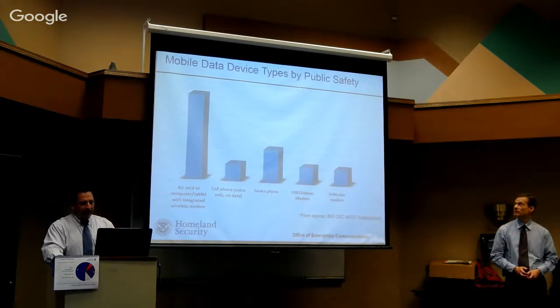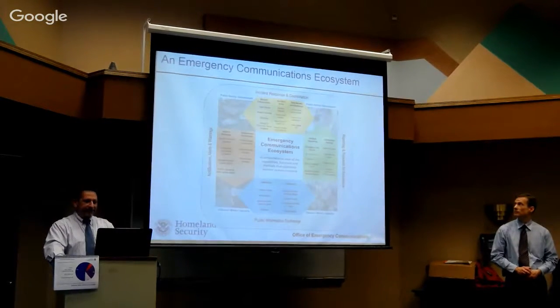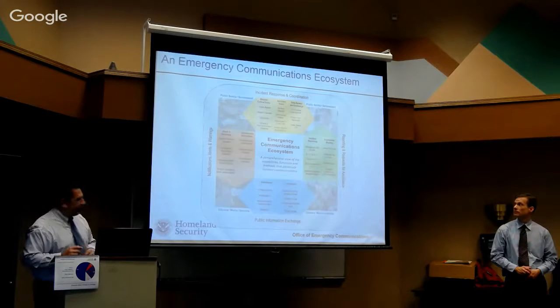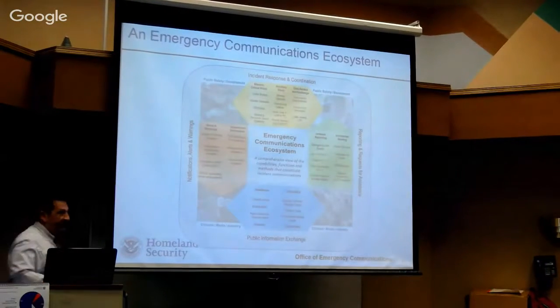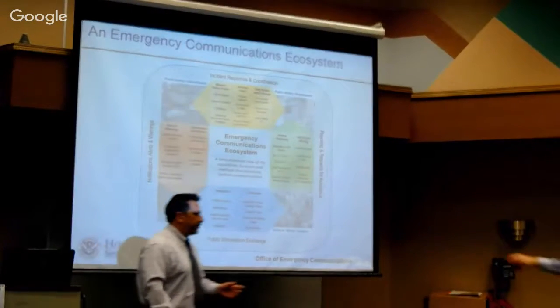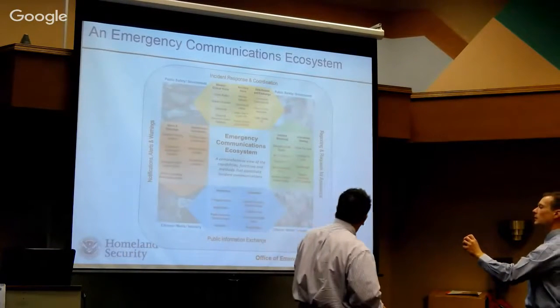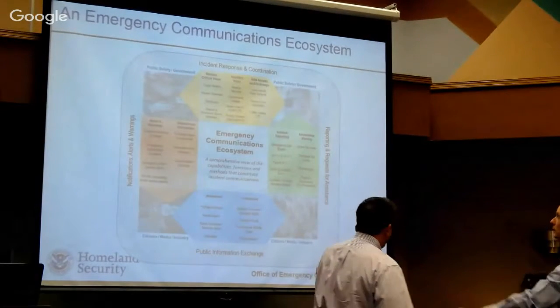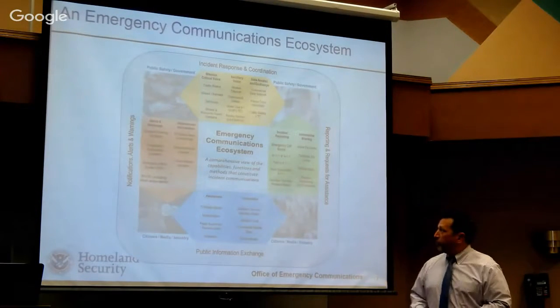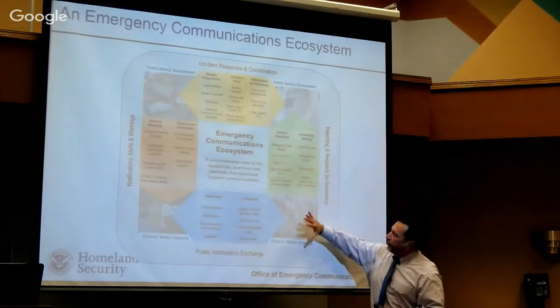Okay. Well, I brought up the ecosystem. It can be kind of a confusing graphic. So we use this when we do after-action reports. Basically, it's broken into four segments.